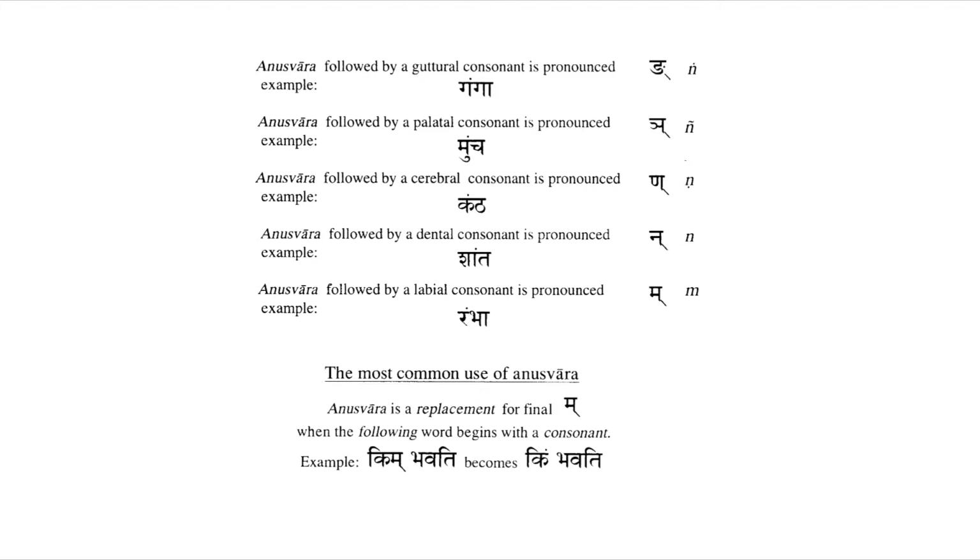Example, kanta. Followed by a dental consonant, pronounced n. Example, shanta. Followed by a labial consonant, pronounced m. Example, rambha. The most common use of anusvara is as a replacement for final m, which is used when the next word begins with a consonant.